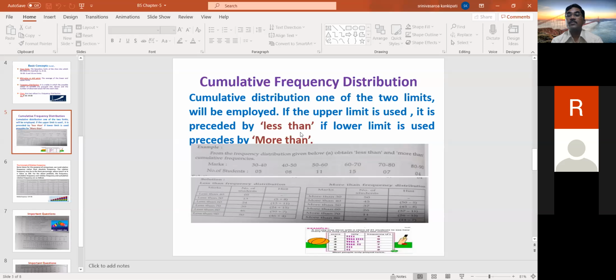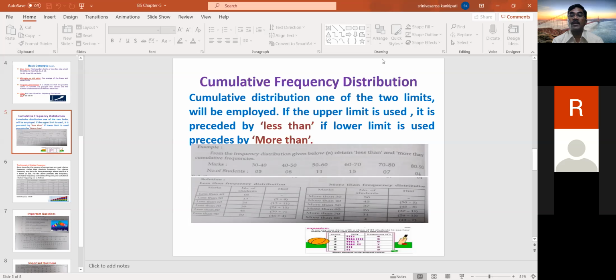Similarly for the other classes: less than 50, less than 60, less than 70, less than 80, less than 90. Like that you have to prepare. And whatever frequency is given, you have to write opposite to that particular class: 5, 8, 11, 15, 7, 4.